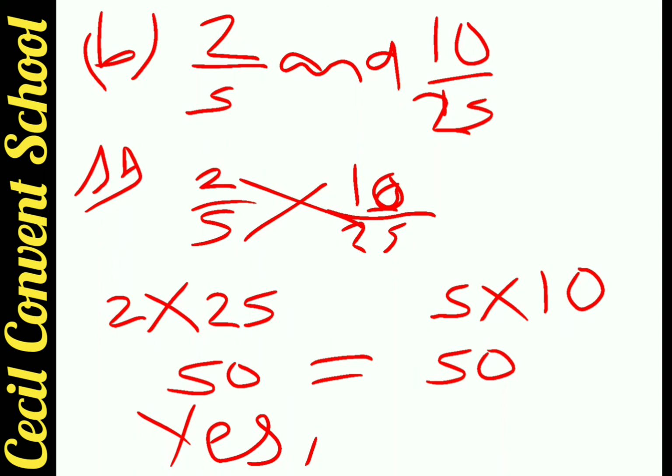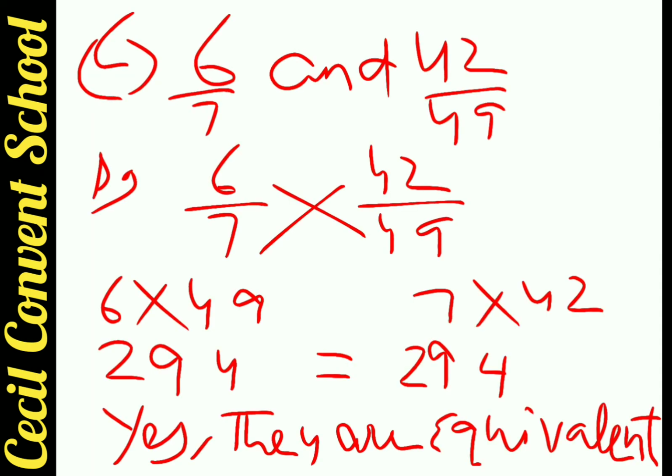Yes, they are equivalent fractions. Clear? You can write like this. Now we do the C part. C part is 6 by 7 and 42 by 49.